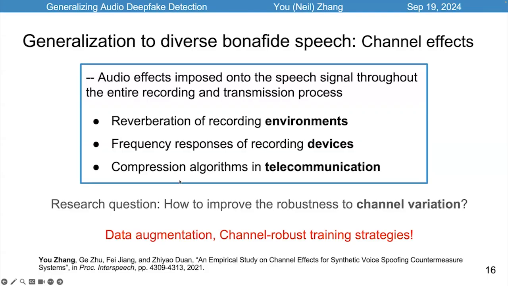So the main difference we identify is these audio effects caused by the recording and transmission process, and we call this channel effects. And we propose some methods, including data augmentation and some training strategies, to improve the channel robustness of audio deepfake detection methods. Further details are included in this Interspeech paper.